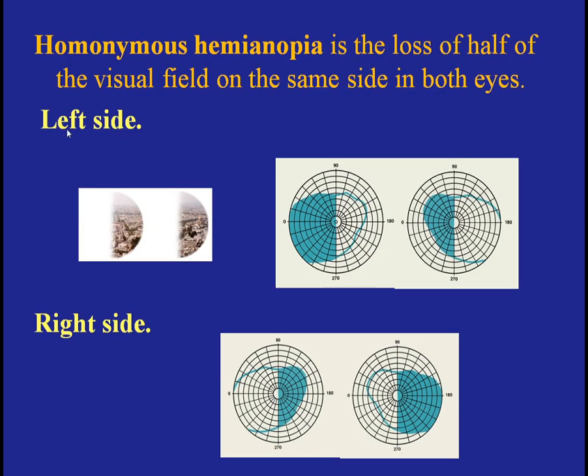Homonymous hemianopia is the loss of half of the visual field on the same side in both eyes. Left side hemianopia, right side hemianopia.